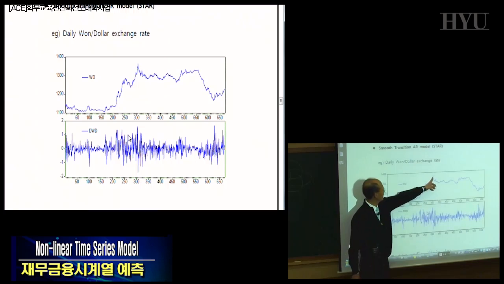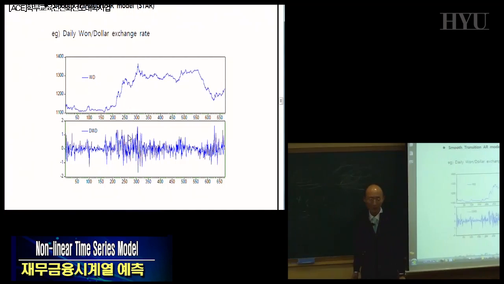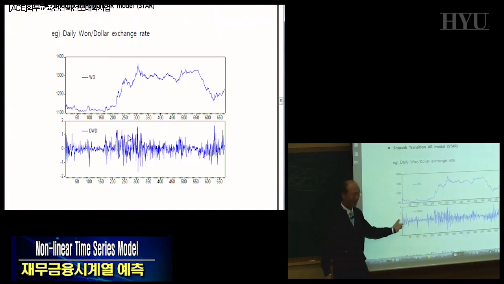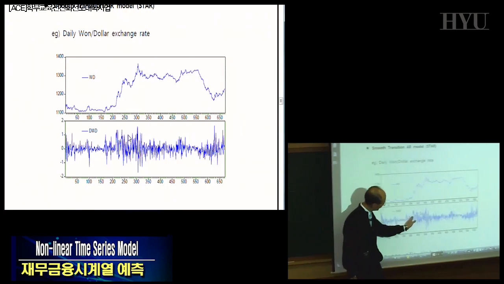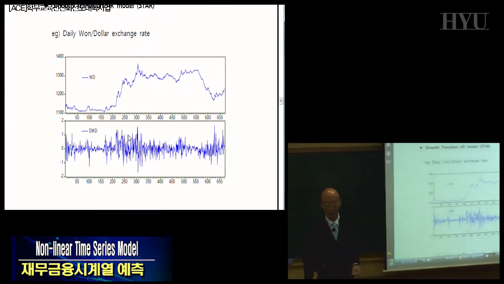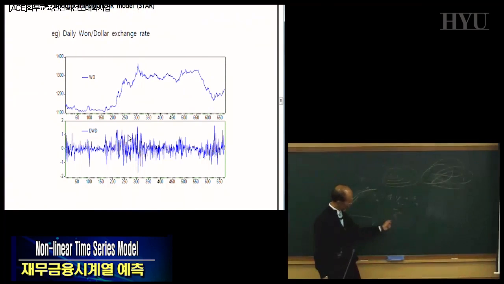Before this period, usually this data is described as an AR3 process. And then later, when you add this period, sometimes someone finds AR1 and AR2, AR3. Of course, the R squared value is very small.